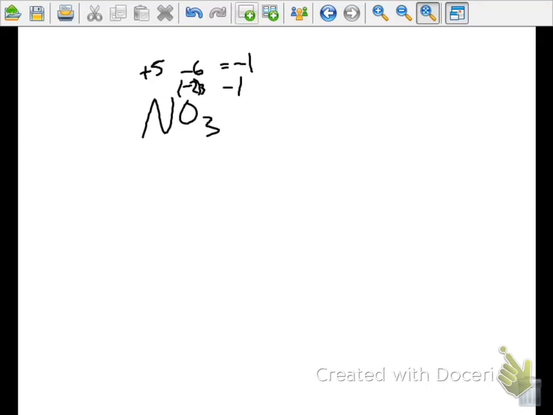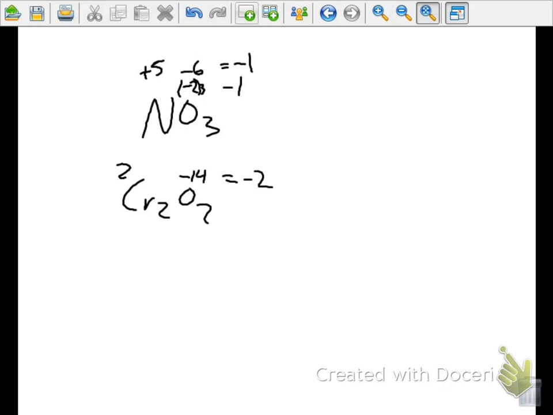Okay, so now it no longer has to be equal to 0. Dichromate, Cr2O7. Find it on your chart. What's its charge? Negative 2. So now it has to equal a minus 2. So oxygen again, I'm just going to put the total, minus 14.